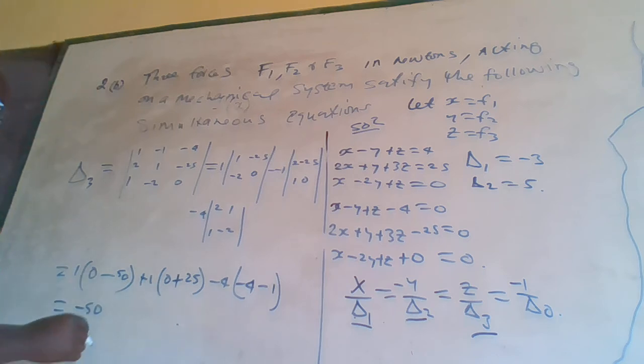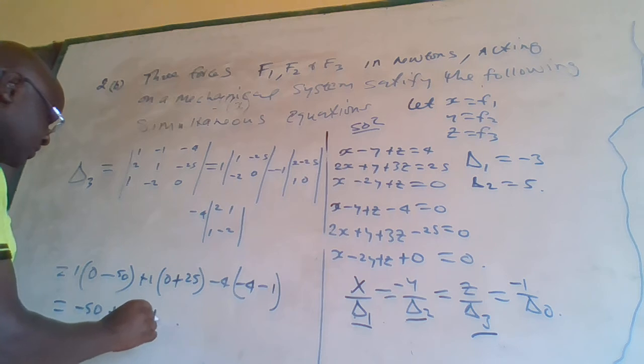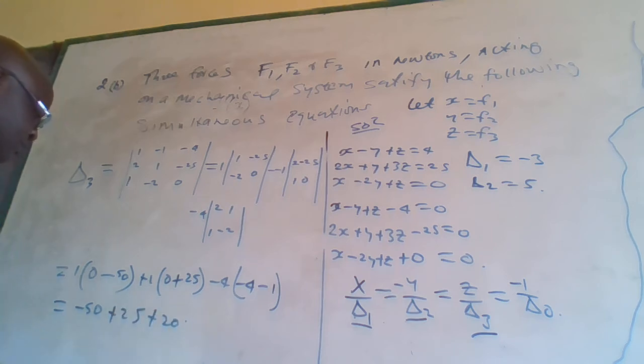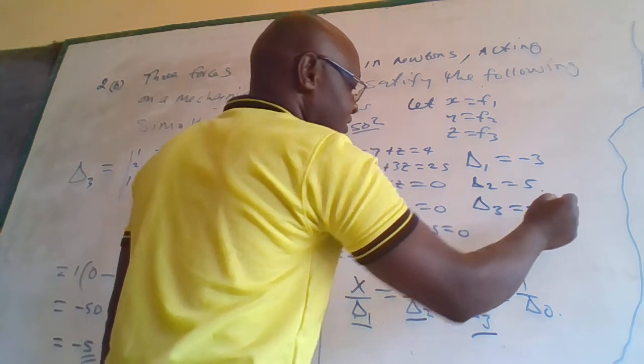So we have plus 25, and then negative 5 times negative 4, so we plus 20. Therefore this equals negative, this is 45, so this is negative 5. So day 3 is negative 5.